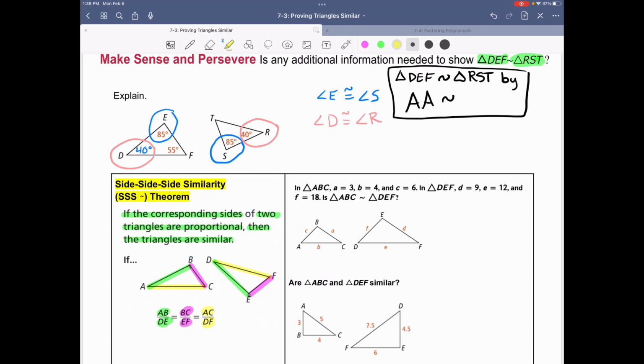If that is a proportional relationship, so the cross products are equal, then the two triangles are similar because they have a proportional relationship.